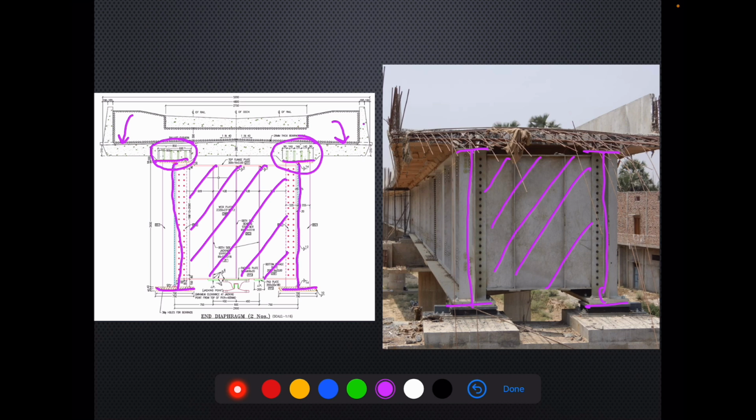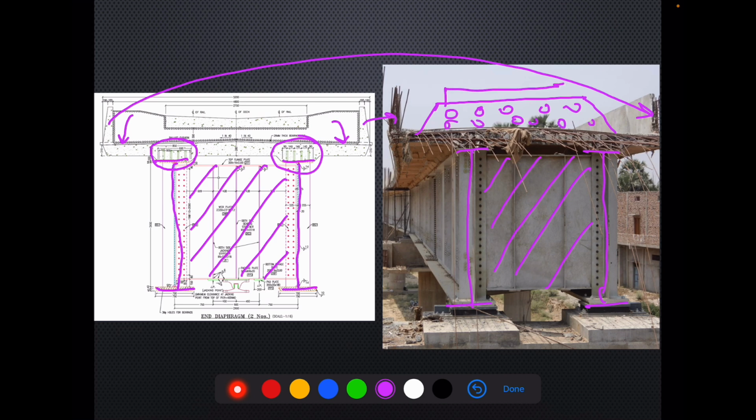These are the parapet walls which stop my ballast. This is how the stone ballast will be spread over the deck slab, over which we will put the concrete sleeper, over which my rail will come. So this is the arrangement which is followed in the case of composite steel plate girders.